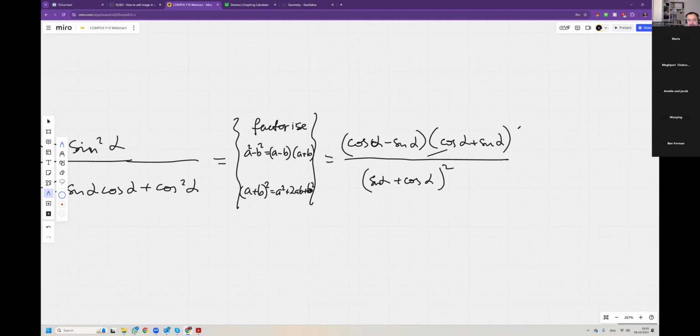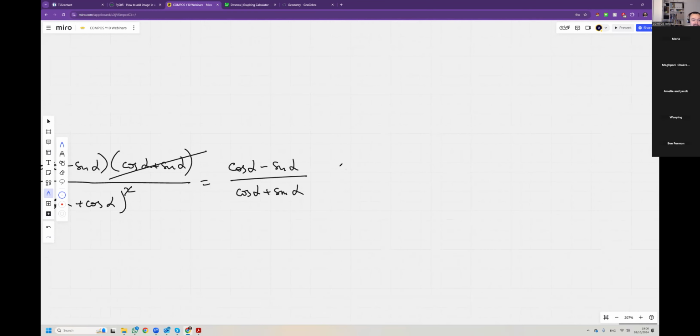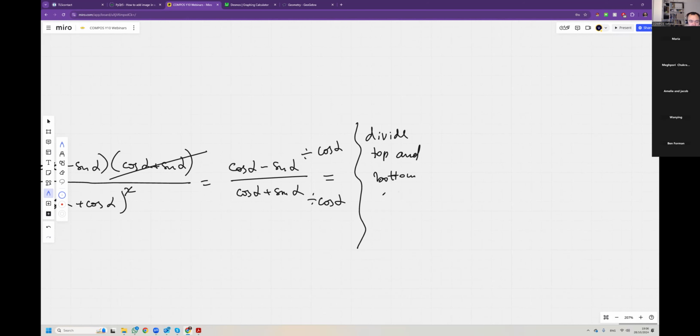And now this cancels and we're left with cos alpha minus sine alpha over sine alpha plus cos alpha, but I'll replace it with cos alpha plus sine alpha. Now I divide top and bottom by cos alpha.